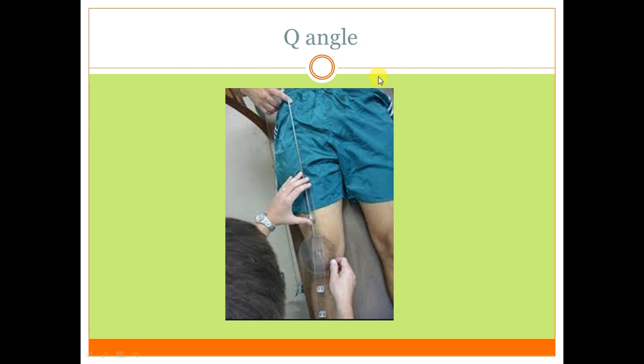Lastly, the Q angle. Actually, the Q angle is horribly inaccurate if you do it with a goniometer. But some viva examiners ask you how to measure the Q angle with the goniometer. After feeling the anterior superior iliac spine, you put the index of the patient himself. Then you feel the center of the patella and put the center of your goniometer there.